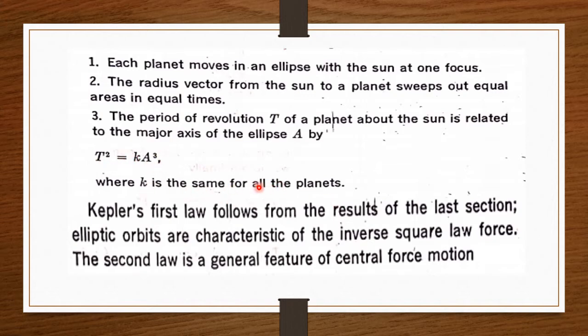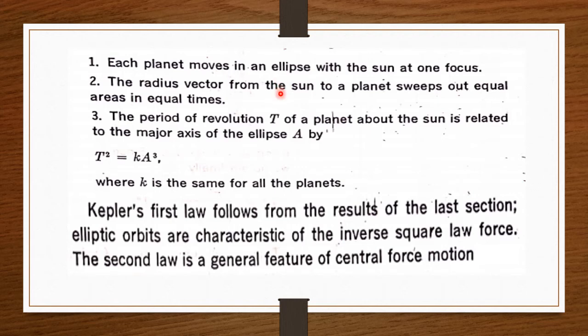same for all planets. In these three, the first one we have already studied in the last video, in which we have discussed the planetary motion or the orbits of different satellites. It was the discussion of the first law. And we have already studied the second law from the general features of central motion.